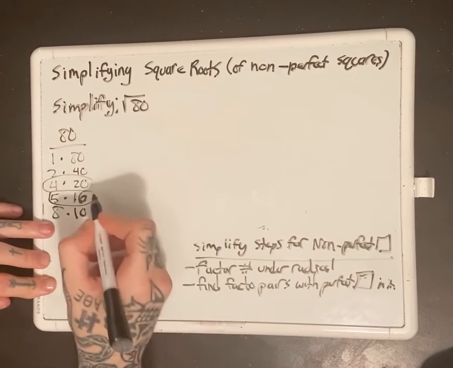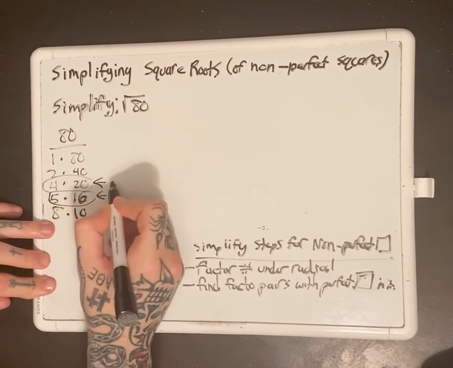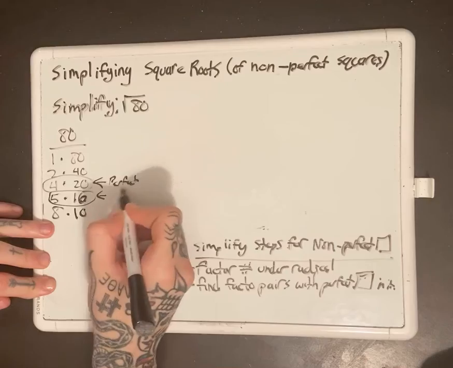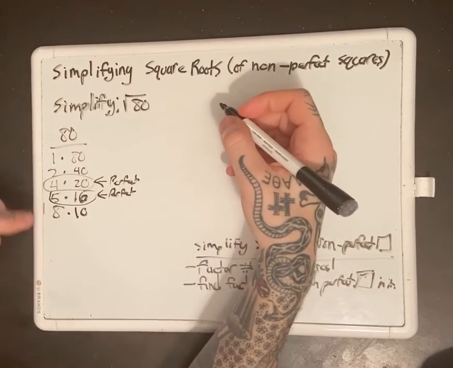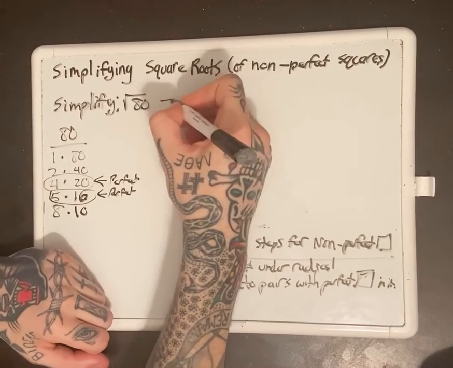Oh, and we also have 5 and 16. These both are perfect. So, let's do it with the 4 and 20 first.